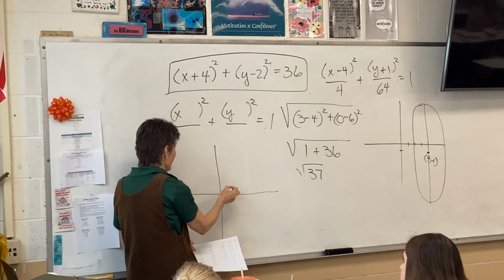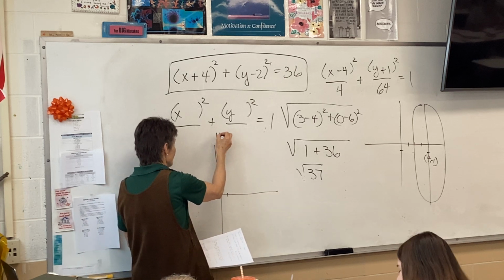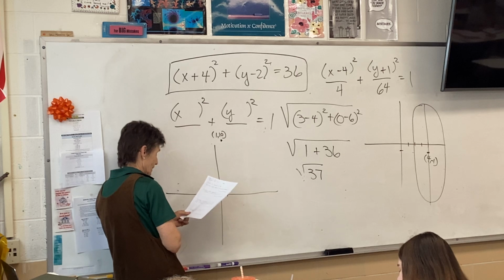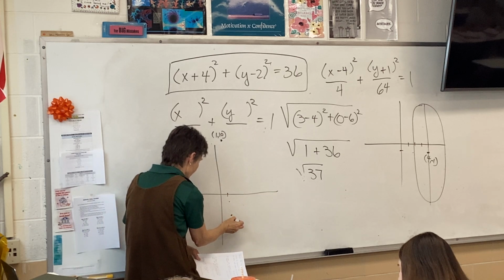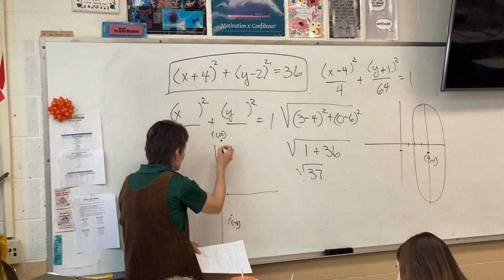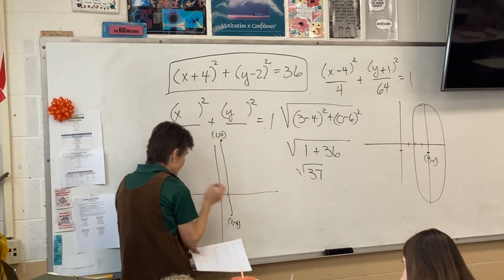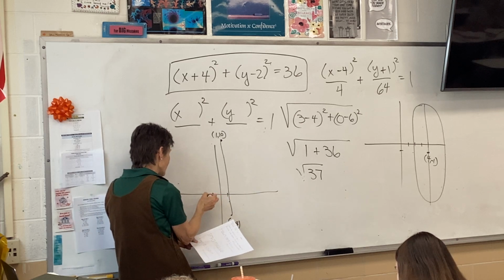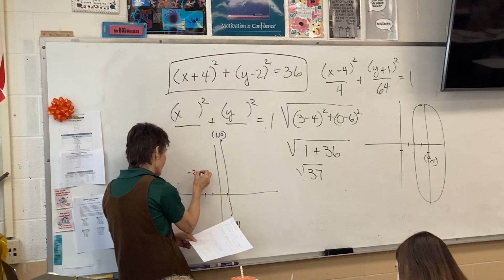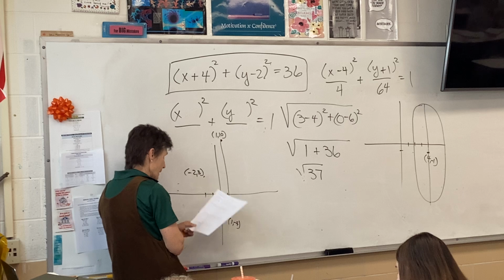So 1, 10, and 1, -4. So that is my major axis, okay. And the minor is -2, 3, and 4, 3.